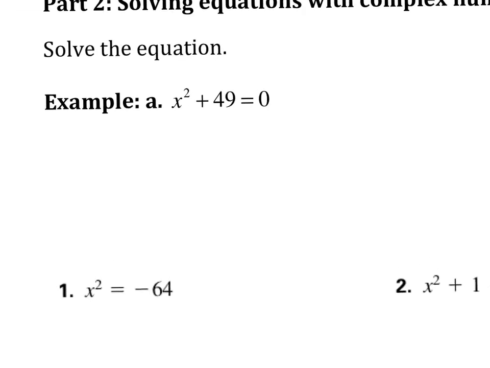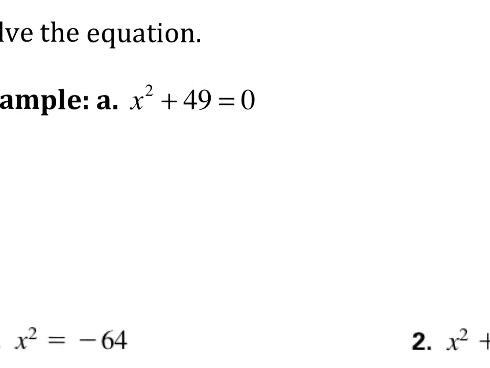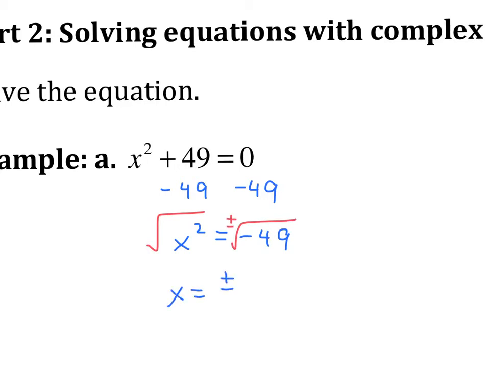I'm going to look at a simple one and then one a little bit more complex. So first things first is I need to isolate my square so that I can take the square root of both sides. The first way to do that is to subtract 49 from both sides, bring down the x squared to get negative 49. Now when I take the square root here and the square root here, don't forget your plus or minus. I get x equals plus or minus, and now I need to simplify this right here.